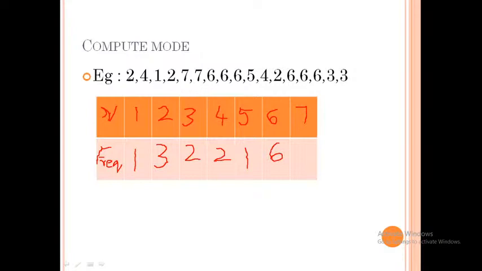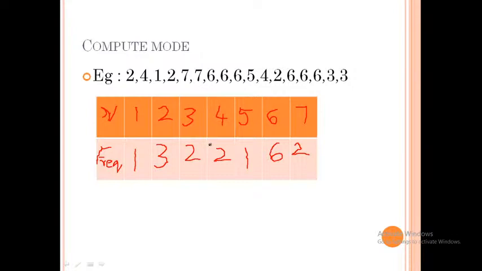Now next we'll go for 7. The number of times 7 is repeated is 1, 2, two times. So the frequency of 7 comes to 2. And this is the frequency distribution table. This is the first step we have to do while computing mode.